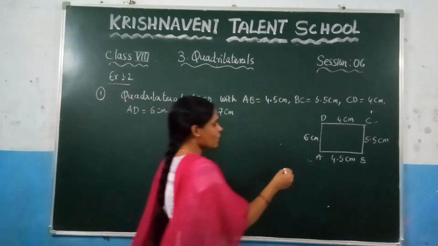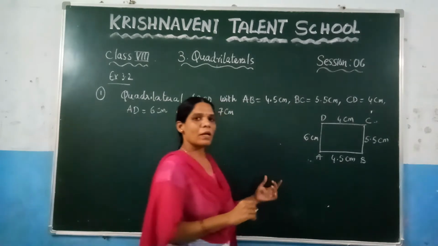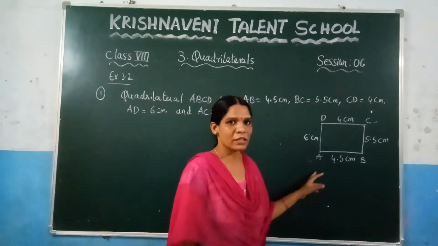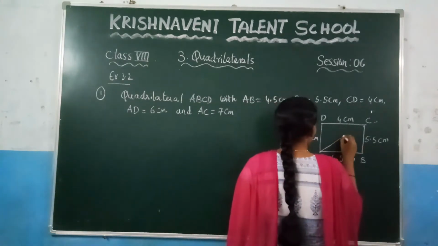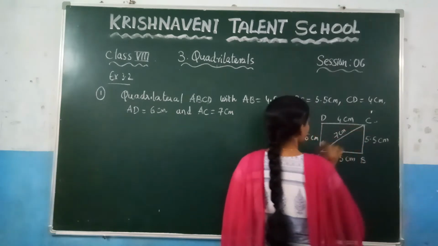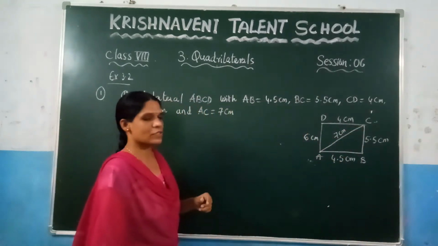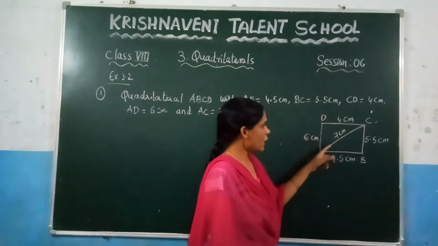What is AC? It is nothing but joining the opposite vertices. You know that a line segment joining the opposite vertices is called a diagonal. So one of the diagonals is given here, which is 7 centimeters. Clearly, by using this rough sketch, you can see they have given 4 sides and one diagonal.